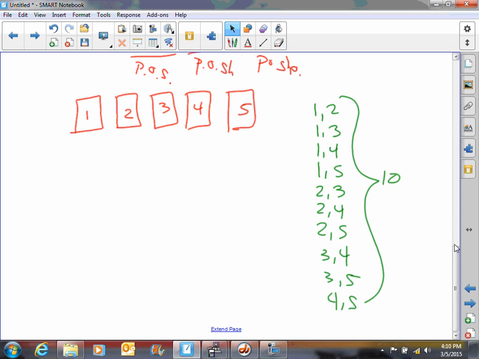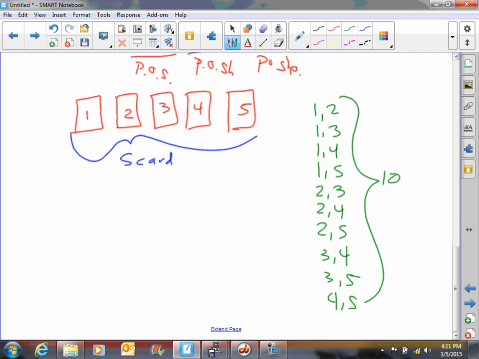Now, there is another way to count this. It turns out when you're selecting objects out of a larger group of objects, the number of ways it can be done is always one of the binomial coefficients. And so, for example, in this case, we have 5 cards. We're selecting 2 cards.